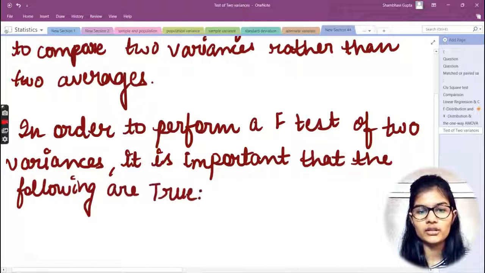It's completely important that the following conditions which I'm mentioning are true.